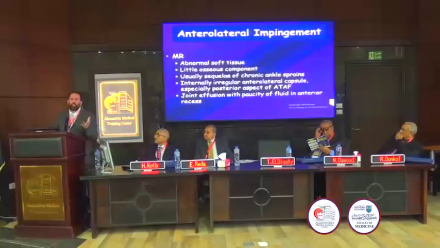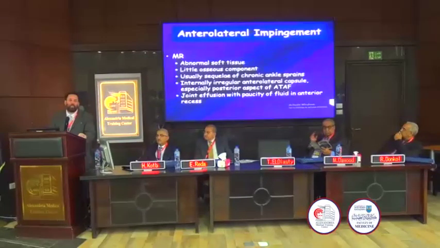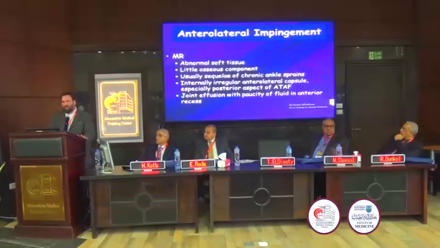The 1% of the time, they heal from the inside out, and that gives you anterior lateral ankle joint impingement. So the ligament is torn, it heals, and the scar is on the inner aspect rather than the scar being on the outer.